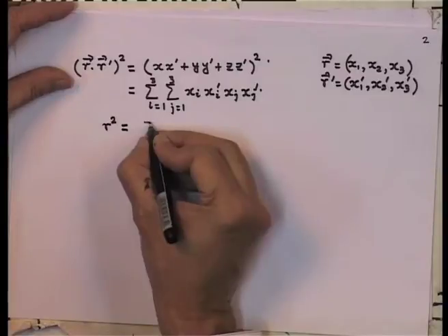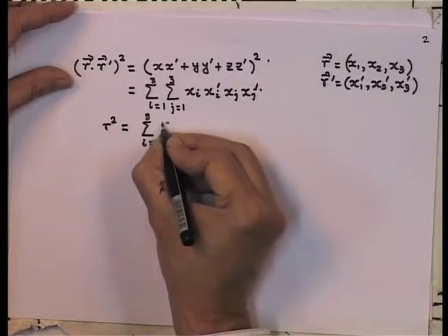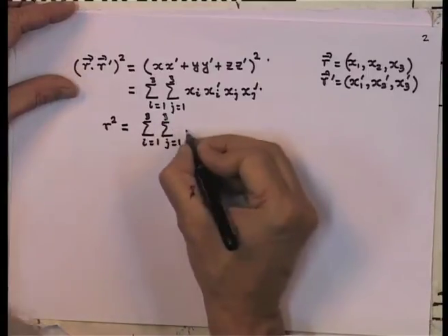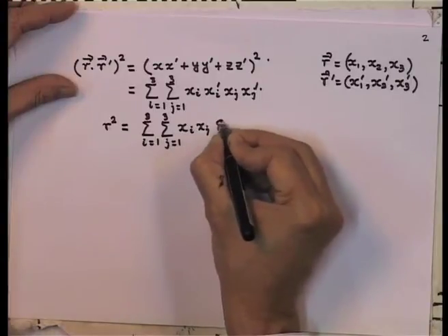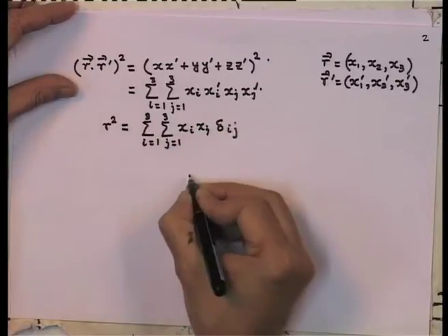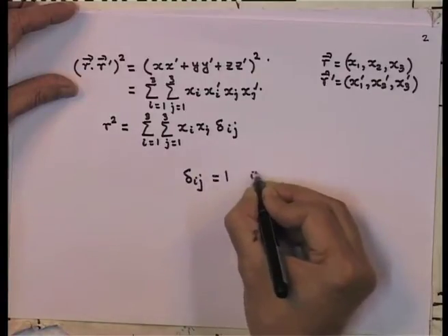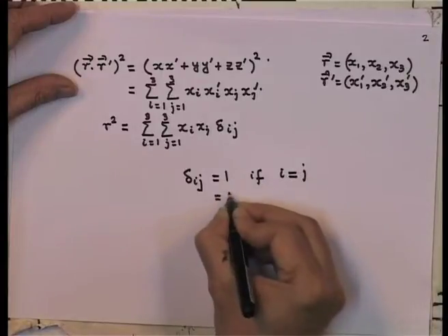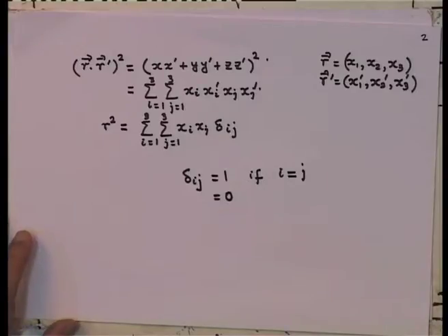So, I can write it in the same form, as a sum over i equal to 1 to 3 and j equal to 1 to 3. This is for symmetry. I will write this as x i x j with a Kronecker delta, delta i j. Recall that delta i j is equal to 1 if i is equal to j and is equal to 0 otherwise. So, that allows me to write this in this format.